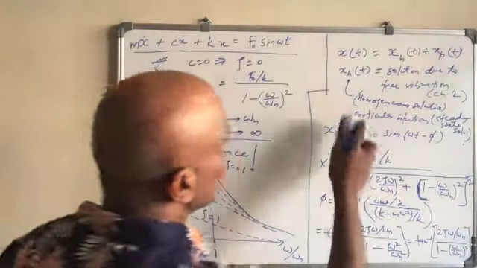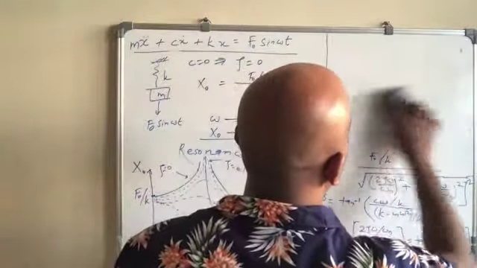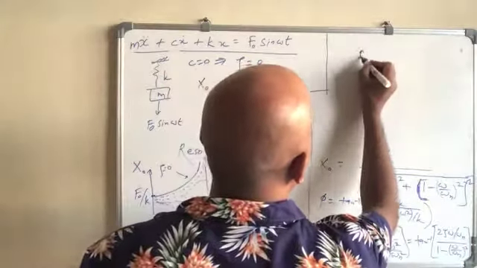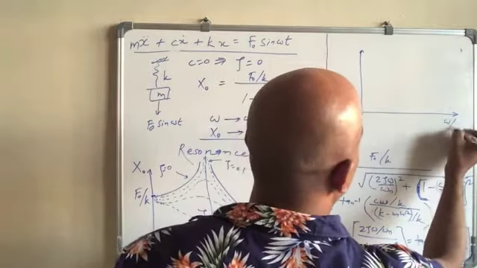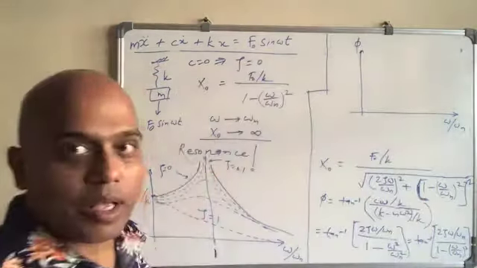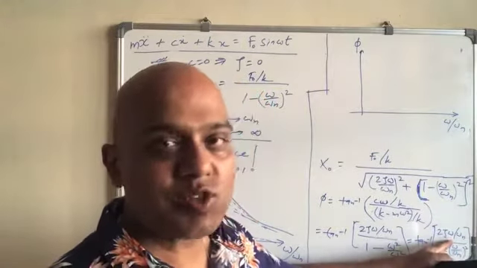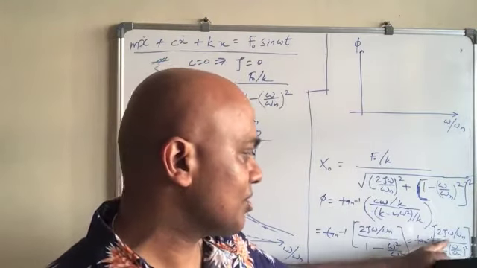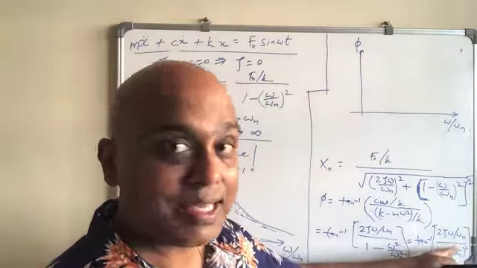So here it is omega over omega n, and here phi. One thing you see is, if omega equal to 0, then phi is 0, regardless of what zeta you have.